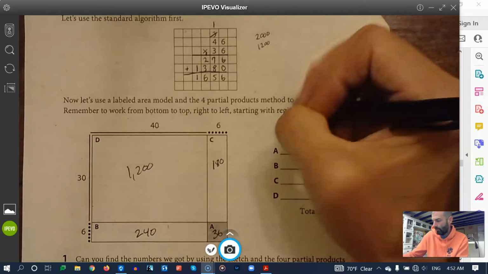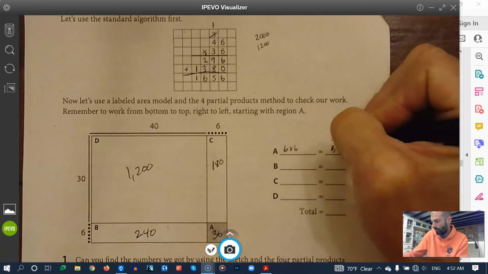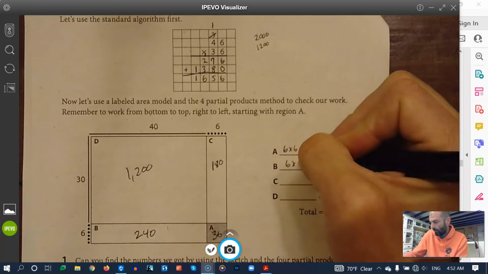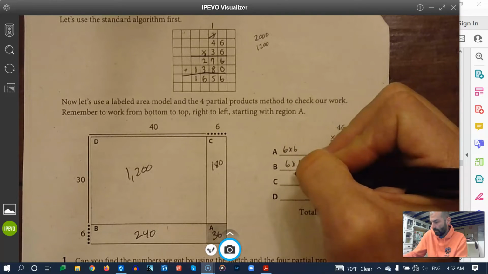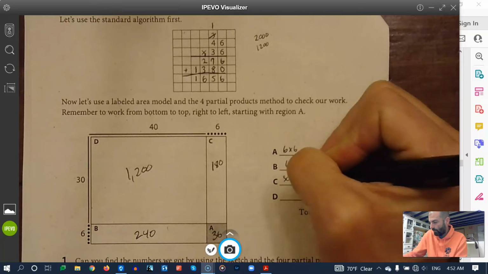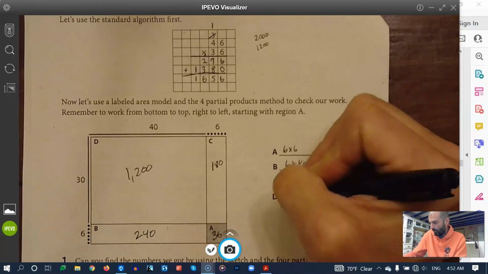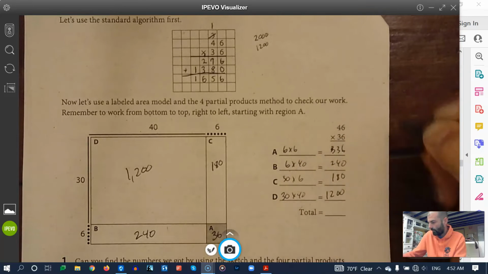Over here, A was 6 by 6, giving us 36. We had 6 times 40, which is equal to 240. 30 times 6, which is equal to 180. And then 30 times 40, which is equal to 1,200.